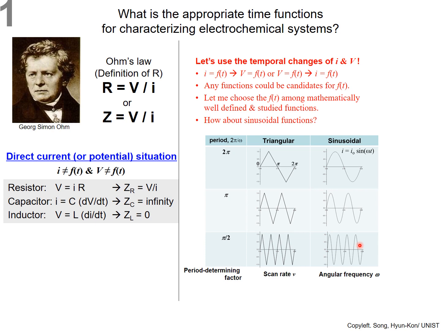So let me think about using the sinusoidal functions as the time-dependent stimuli for analyzing the electrochemical processes. Then what happens for the impedance of R and C and L?